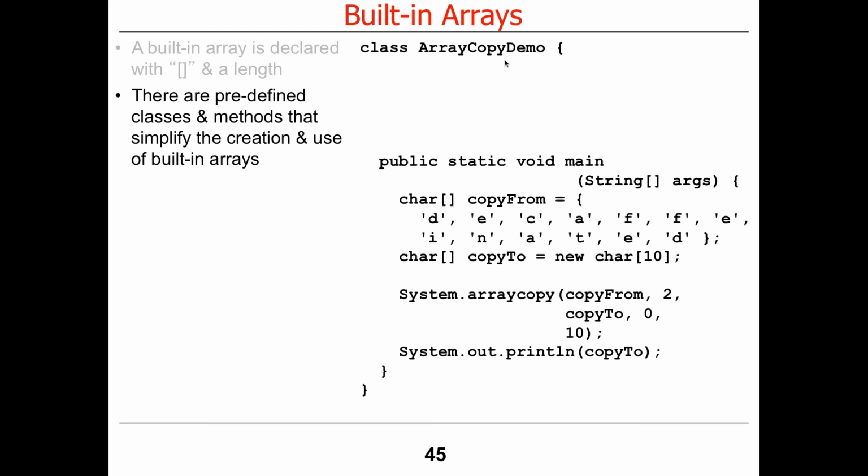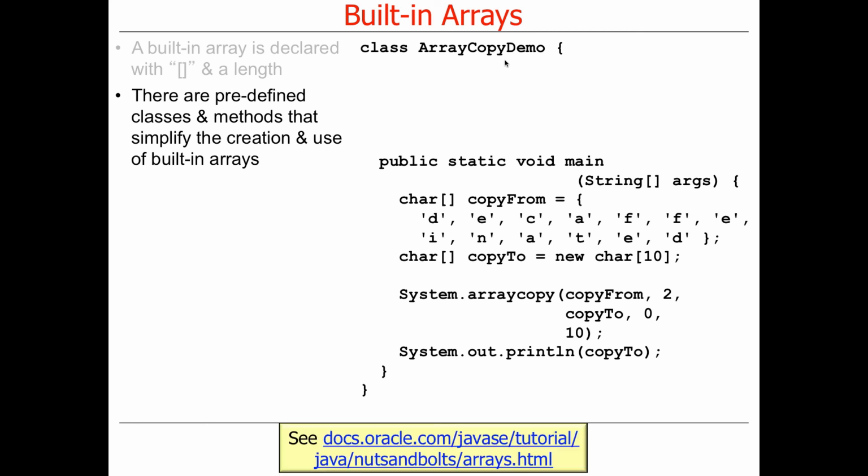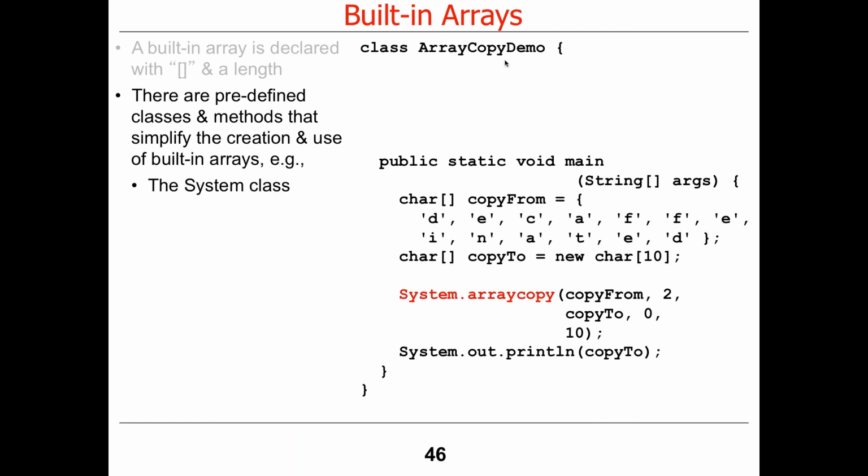Here are some helper methods that you need to understand in order to be able to use this stuff effectively. So for example, there are predefined methods and classes that can be used to build and use built-in arrays. Here's a simple example. We have something called ArrayCopyDemo, which you can read about here. What it's going to do is create an array of characters which says decaffeinated.